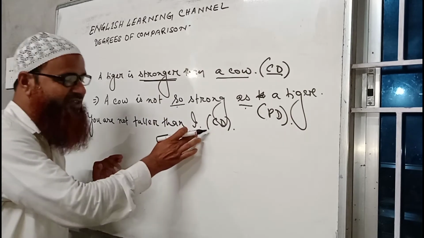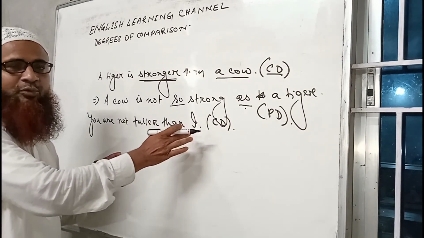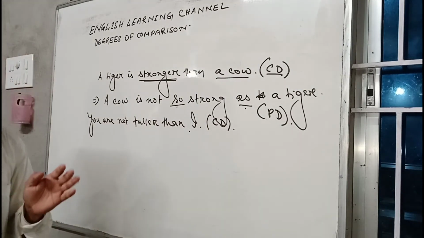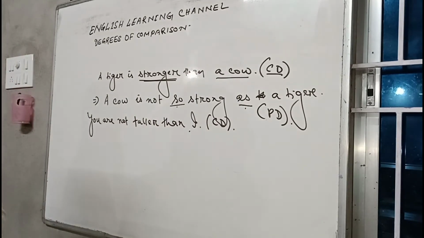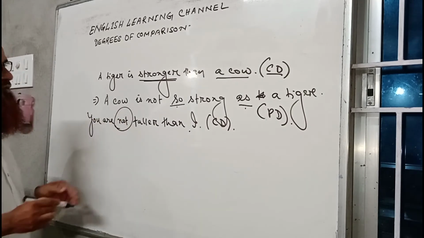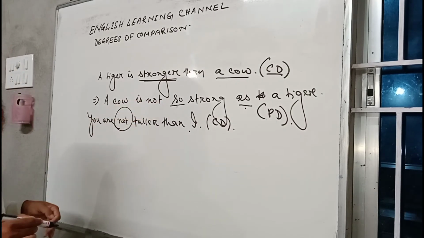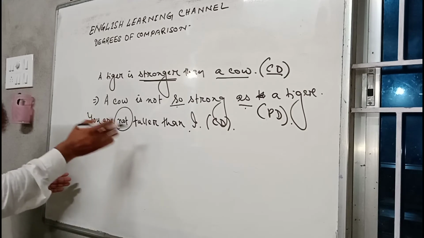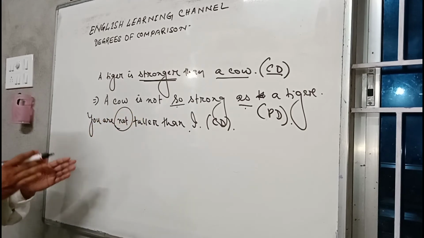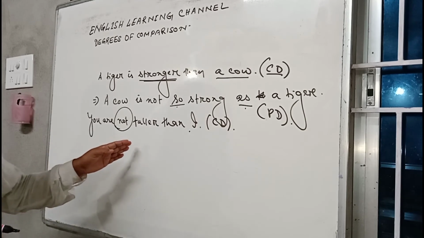So never use the object form. We should never use the object form after than. After than we must always use the subject form. Now the sentence is in its negative form, though it is in comparative degree. So what is the meaning of this sentence?